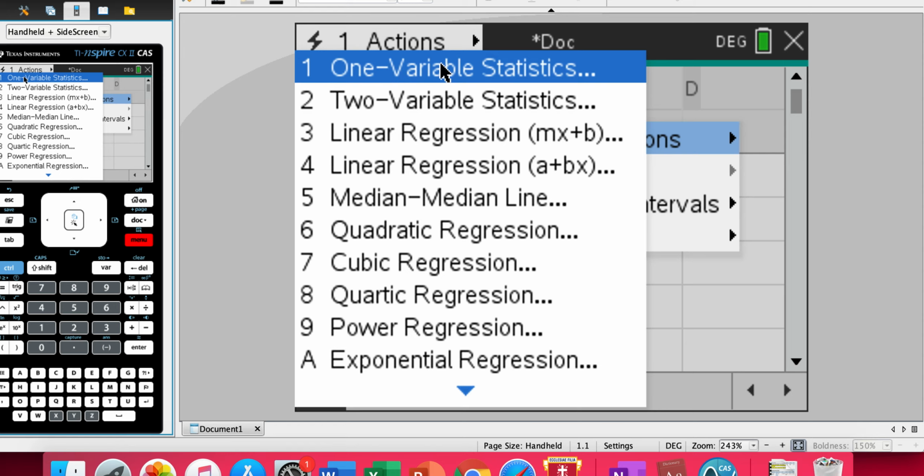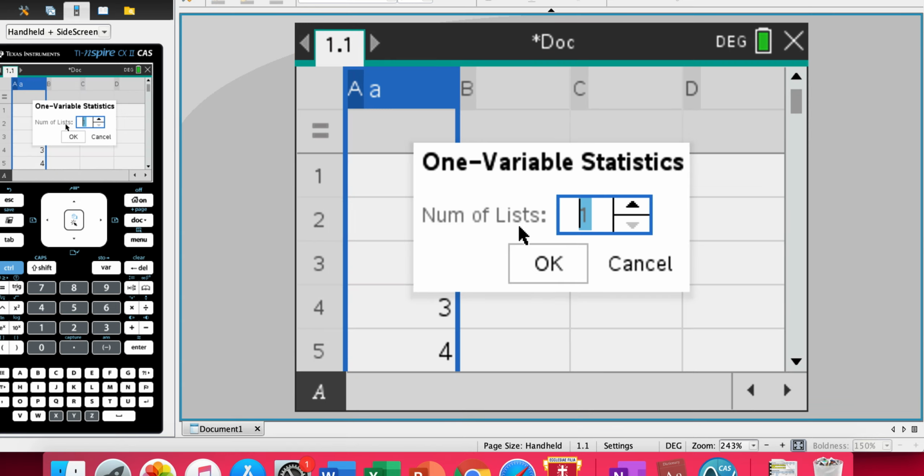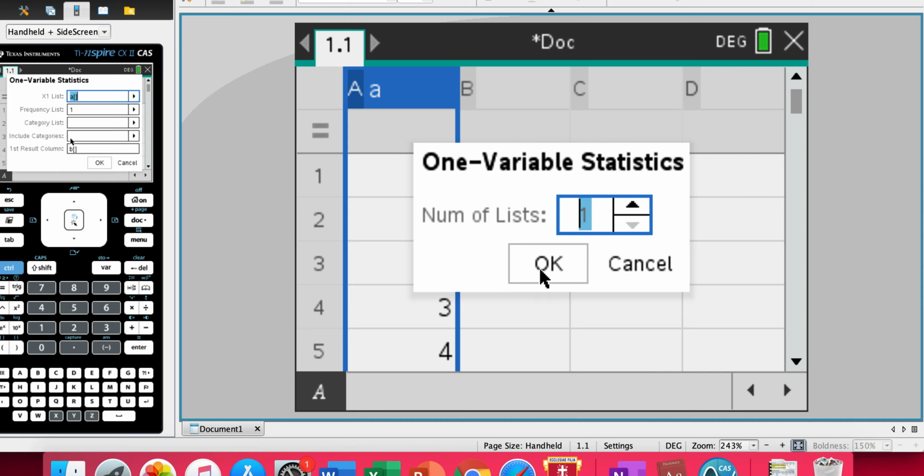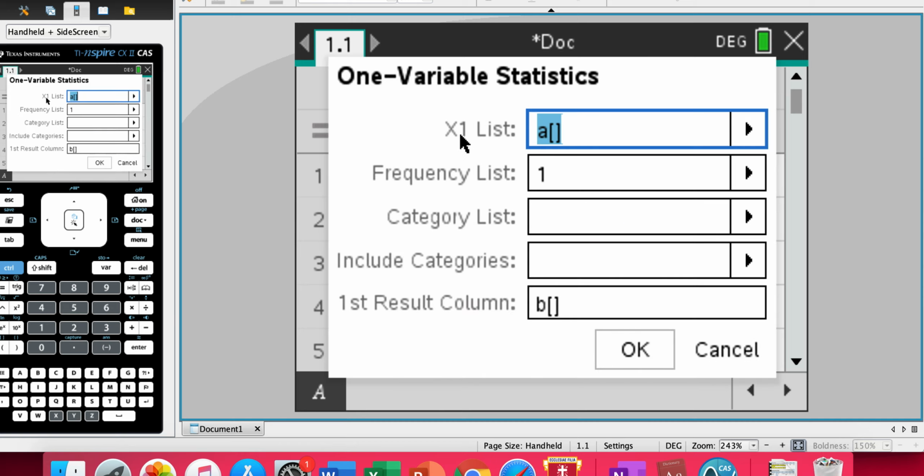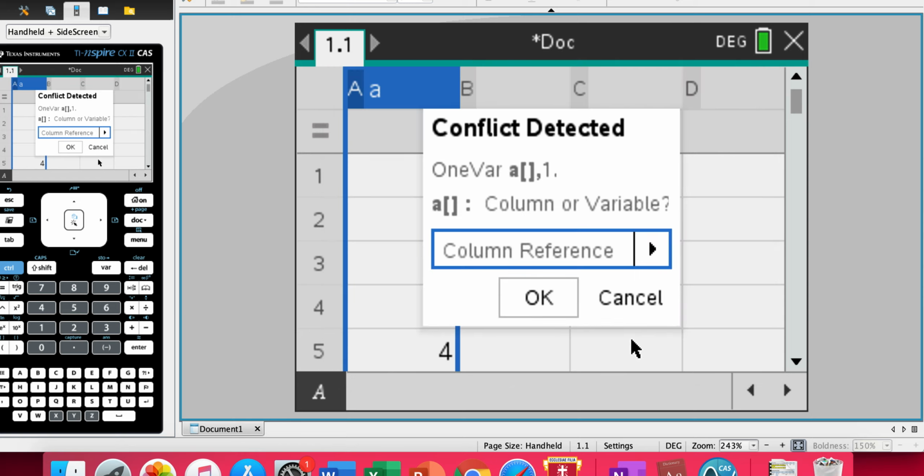Remember that here I only have one variable, so we go into one variable. Good. So it says how many lists do we have? We only have one. All good. And it's saying x1 is at least one. Yes. Frequency, this is going to be useful later on, but at the moment we stay at 1. And it says where we want to put our results. We're going to put it in column B, so that's okay. We press OK.